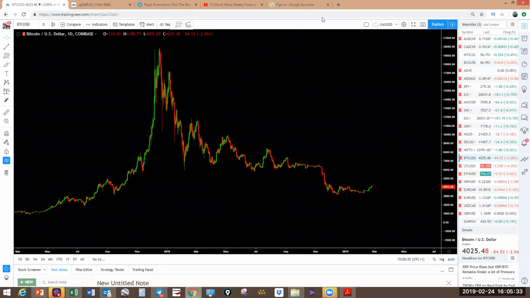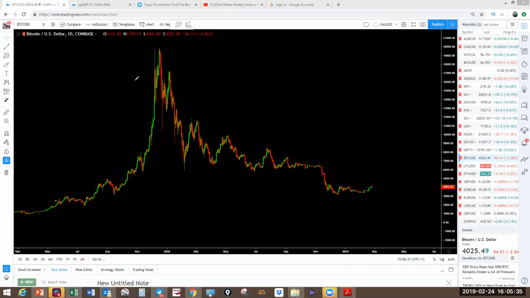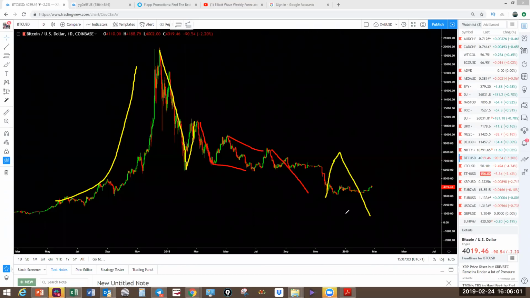Higher degree, we've had a move up, we had a pullback, we had another pullback here, and we are looking at this structure at this stage. This correction here, let's do it cleanly. That, there, and we're looking for this one to do that. And soon after that, we will be looking for this to do something like this. Even if it goes and retests there, it should still be fine, because then that will just be an expanding flat.